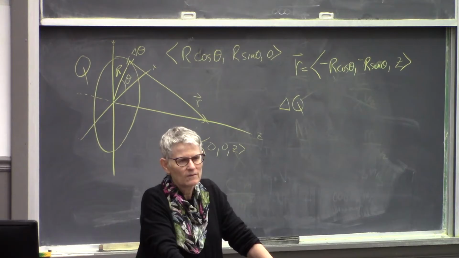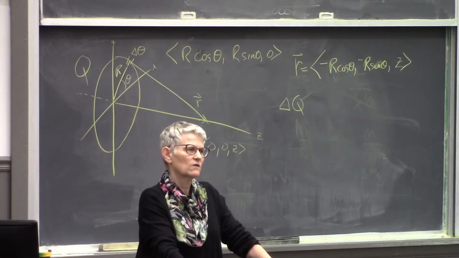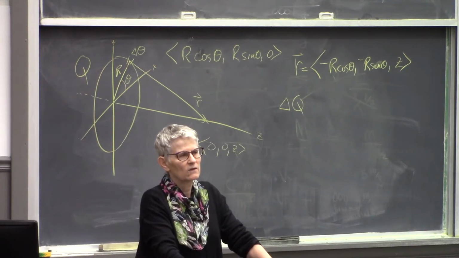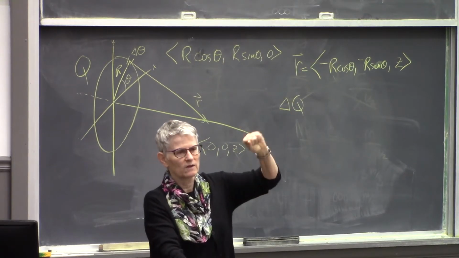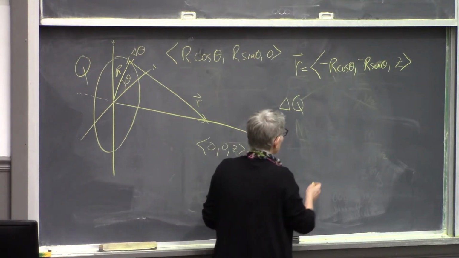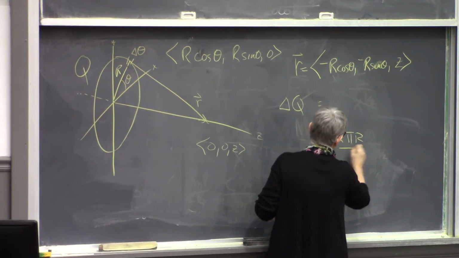Carlos, can it just be the circumference divided by the number of pieces that we divide the ring into? Okay, so the circumference divided by the number of pieces gives us the arc length of one piece, right? But that doesn't give us a charge. So you're saying 2 pi r over n.